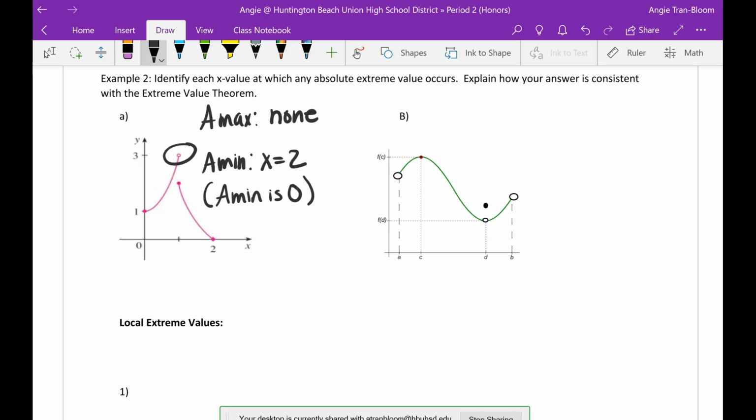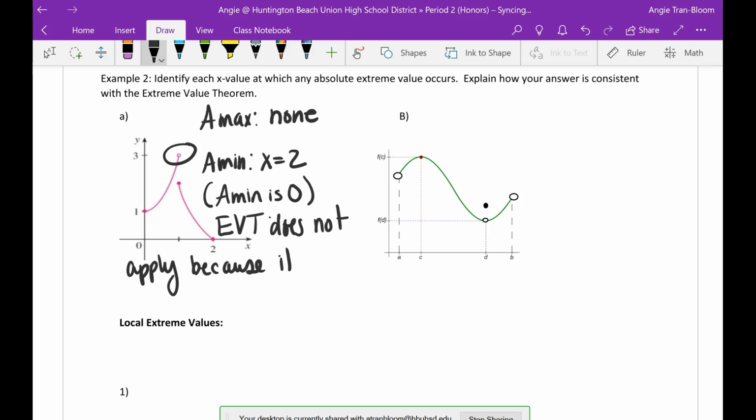Continuity is a problem. So we are going to write that the extreme value theorem does not apply because it is not continuous. Remember, the extreme value theorem says both closed and continuous. This one is closed on the endpoints, but it's not continuous.